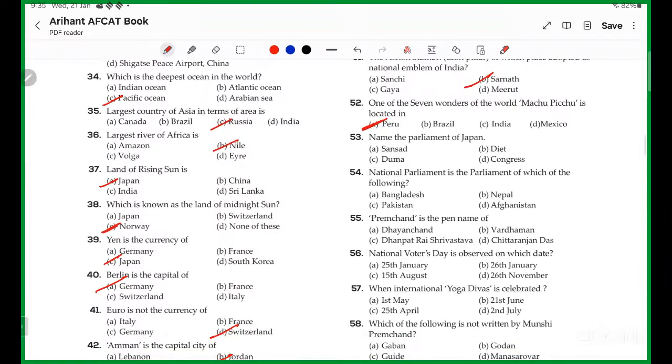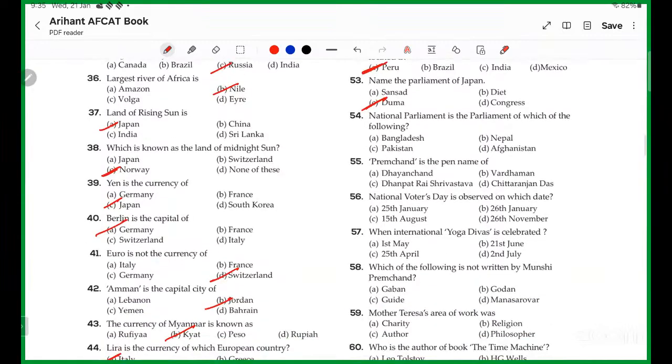The Parliament of Japan is known as the Diet. The National Parliament is the parliament of which of the following? It is the parliament of basically Bangladesh.